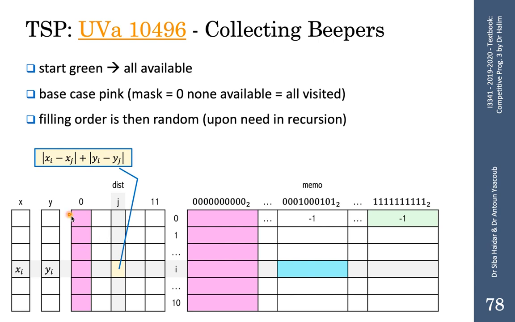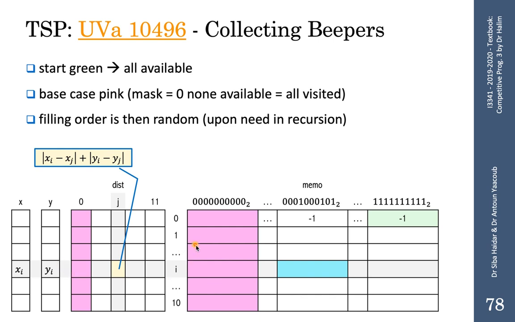And then these distances will be copied, the first column, the distances from any line to the column 0, we will be using it in the base case. So anything when the mask is 0 will be the distance from this element to the robot 0.